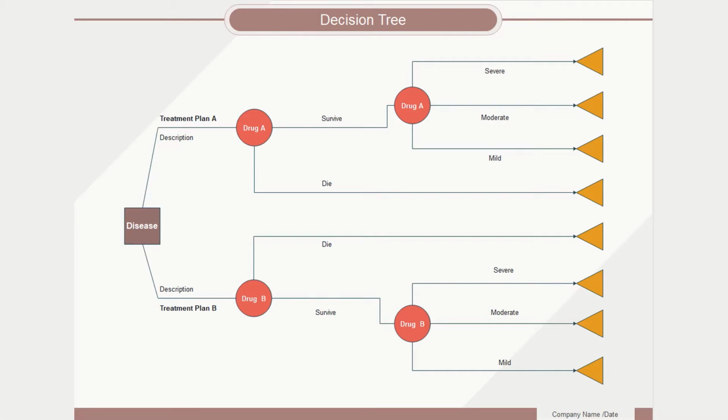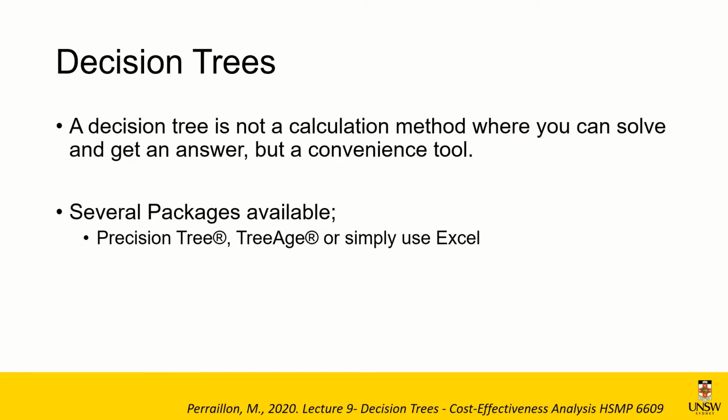Right. So another thing which I would like to say at the beginning is that a decision tree is not a calculation method. So that's not something where you can solve and get an answer, but it's more of a convenience tool.